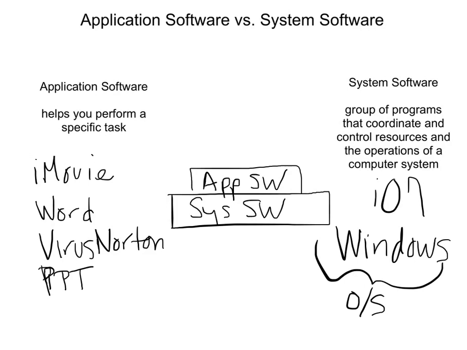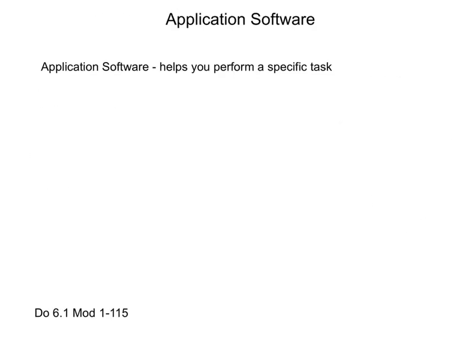Right? Right, okay. All right, so the application software, which we already discussed, helps you perform a specific task. We already went into these. This software is productivity software.